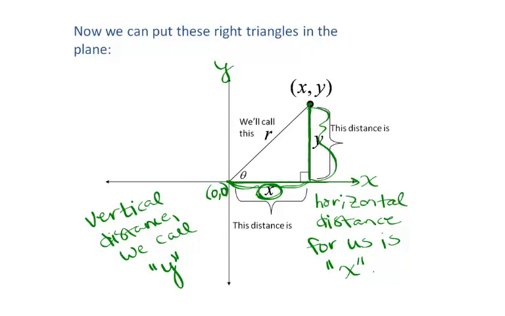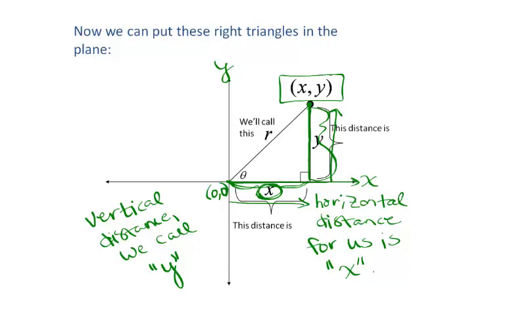We know that if we go a horizontal distance out in the plane and a vertical distance out in the plane, wherever we stop is a point. There's the point xy. Why is that the point xy? Because we went a distance of x horizontally and a distance of y vertically. That mapped us to a point in the plane, the point xy.